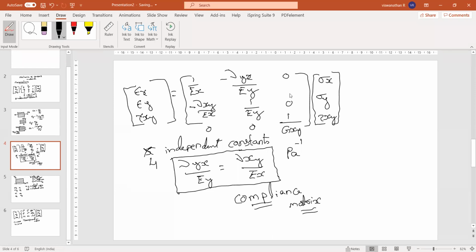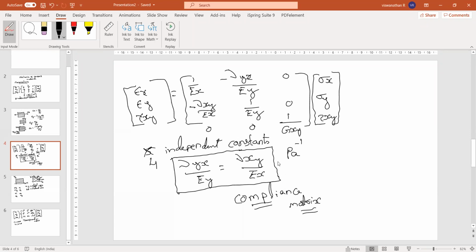Suppose I write stress strain relations. If I bring sigma x, sigma y, tau xy on the left side and put epsilon x, epsilon y, gamma xy on the right side, what will the matrix be called? The inverse of compliance would be stiffness.